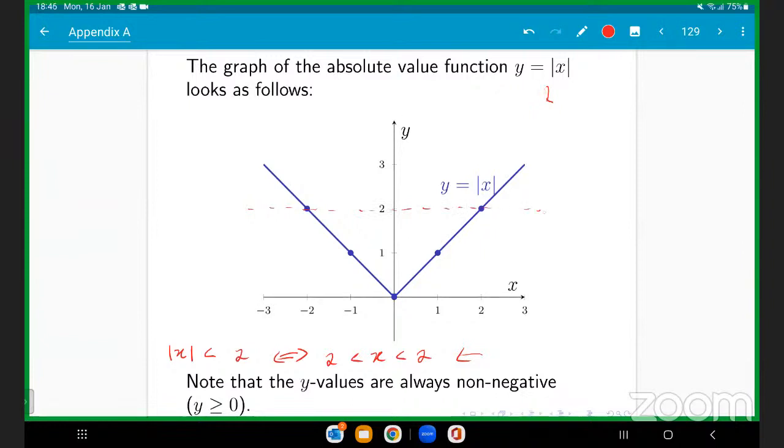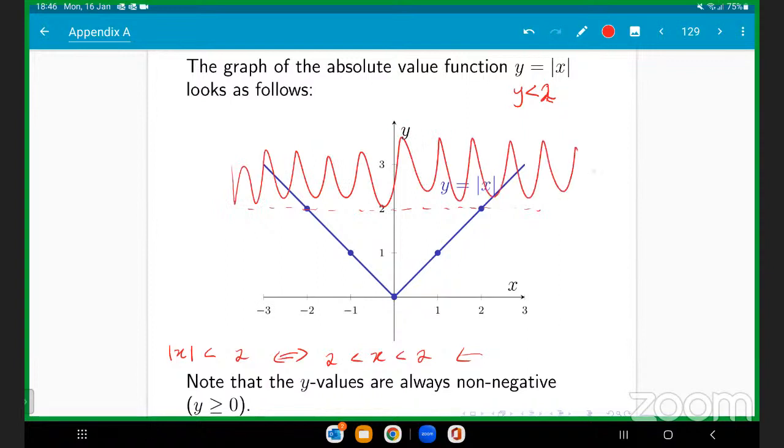We wanted all values of x such that y is less than 2. So we will ignore everything above the dotted line y equals 2, and then we read off the resulting x values. So everything below this line, or everything that I haven't shaded, is true whenever x lies between minus 2 and 2. So once again, you can use the sketch to obtain these rules.